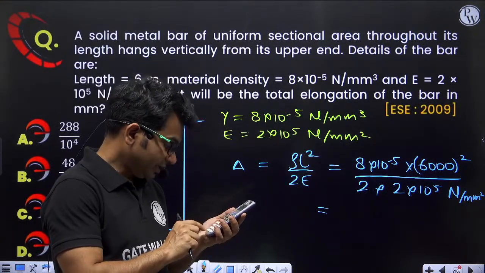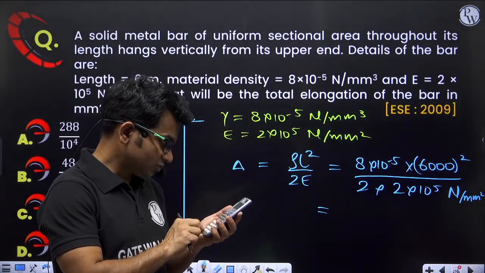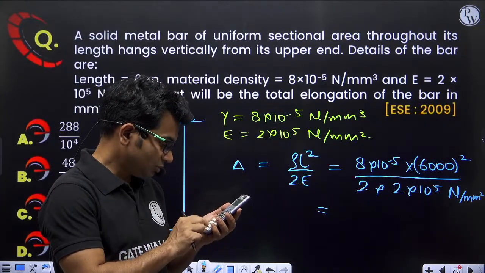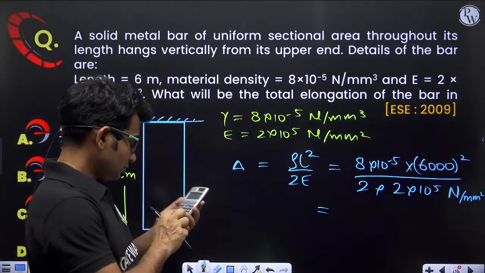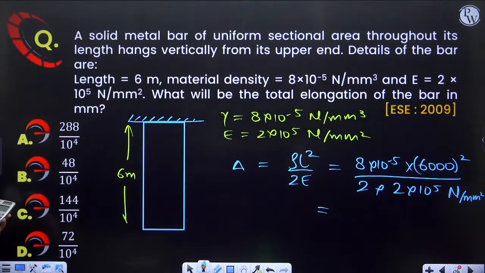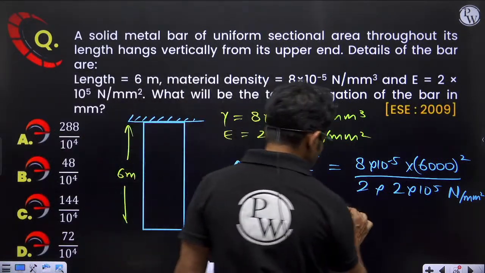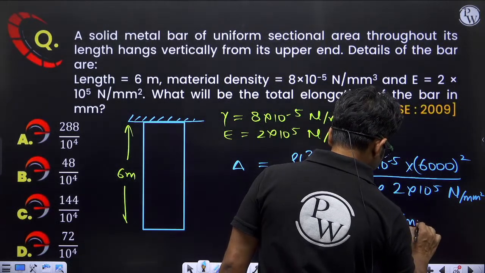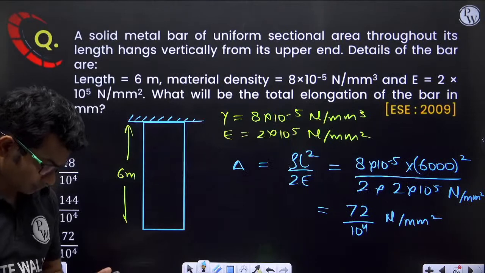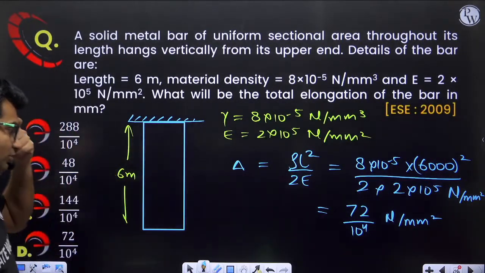We are getting 8 into 10 to the power minus 5 into 6000 square, whole upon 2 into 10 to the power 5. We are getting 72 by 10 to the power 4.